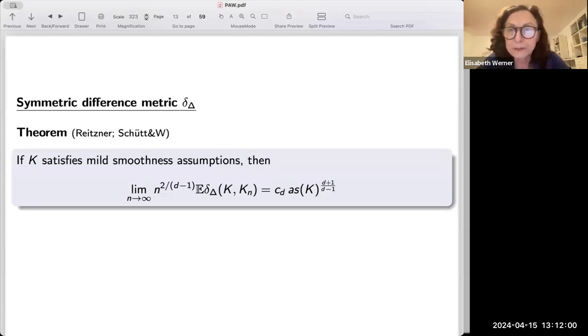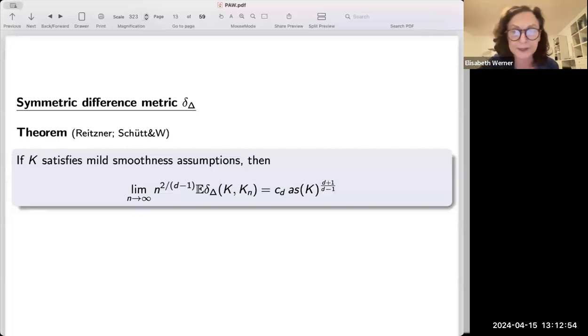There we have a theorem that was proved independently by Matthias Reitzner and by Carsten Schütt and myself, which says that if K satisfies mild smoothness assumptions, and I'll say in a second what they are, then as the number of chosen points on the boundary of the body K goes to infinity, the expected symmetric difference metric of K and the random polytope Kn, times n to the 2 over d minus 1, has a limit, equal to a constant c_d, which depends only on the dimension, times the affine surface area of K to the power d plus 1 over d minus 1.